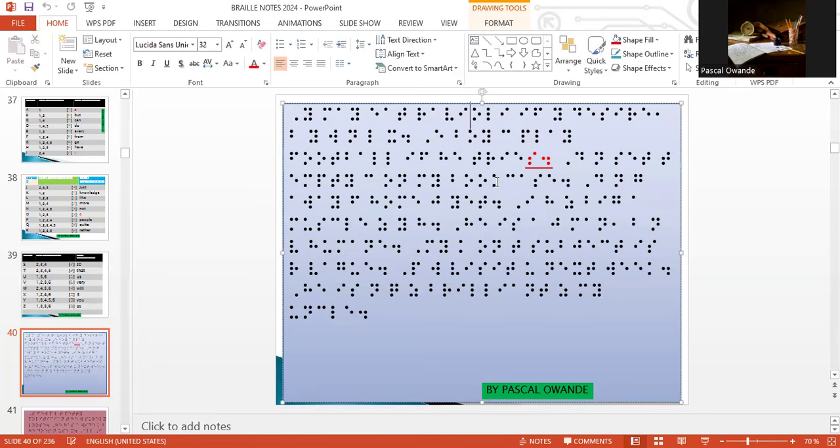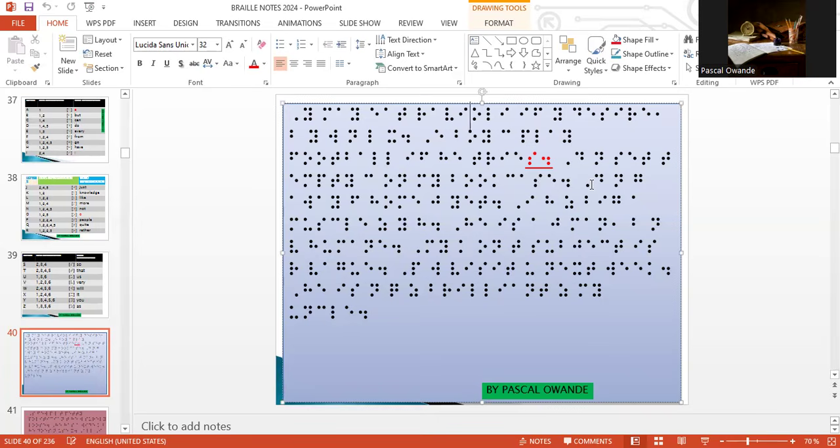After the word book, bookcase is one word, letter B, letter O, letter O, letter K, letter C, letter A, letter S, letter E. On my bookcase. Last is a full stop, which is lower D.